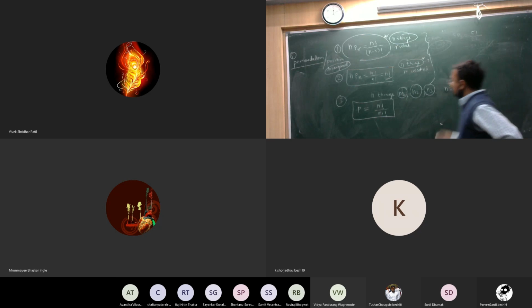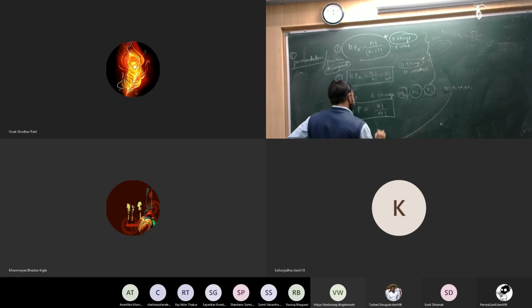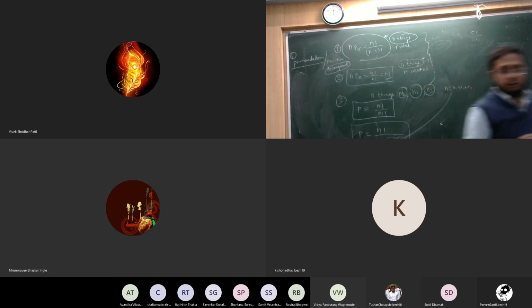Then for the arrangement, P would be n factorial divided by n1 factorial into n2 factorial into n3 factorial. So for the number of things that are similar, we just have to divide. That is the change we need to make here.